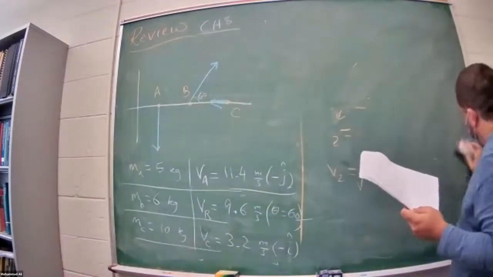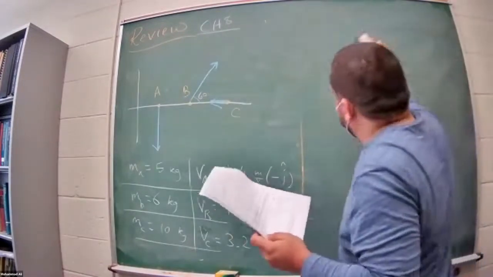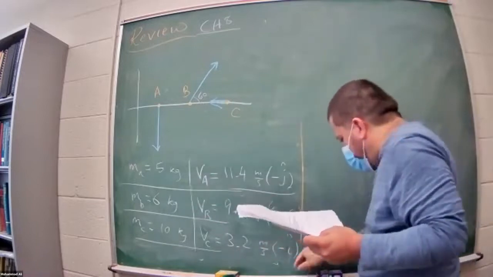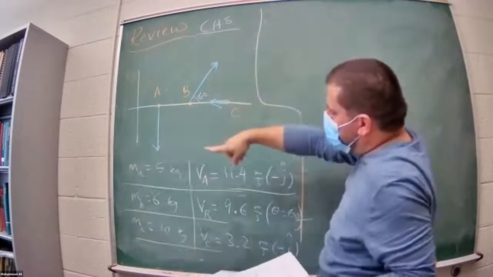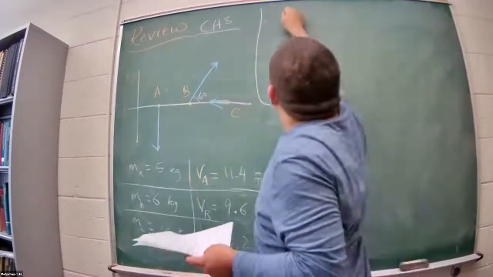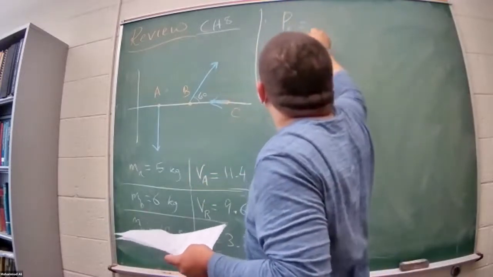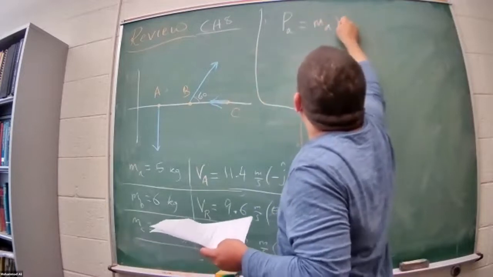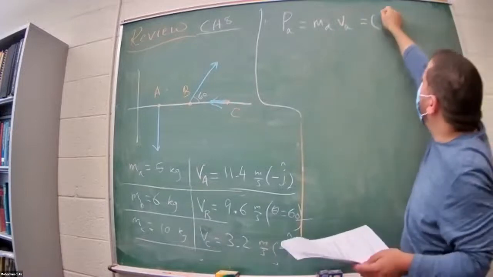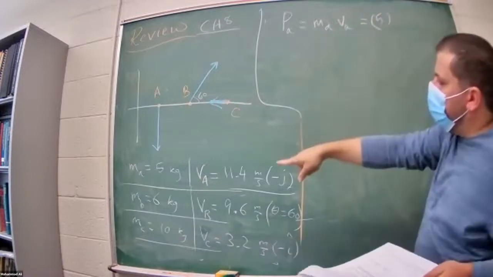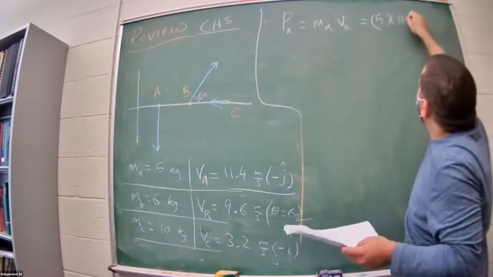Simply, we need to find the momentum for this system, for the first and the second object and the third object and so on. Okay, for the first object, PA is equal to MA multiplied by the velocity for A, which is equal to, the mass is 5, the velocity is 11.4.